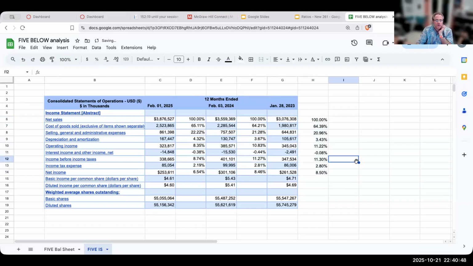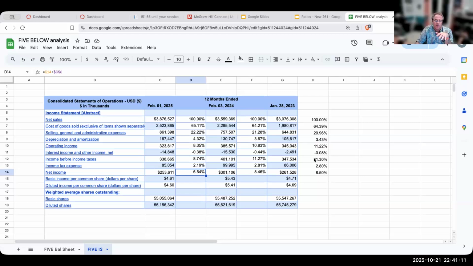Okay. So what you notice here is that by doing these different items, we're seeing what's going on with the overall bottom line. Why is their net margin decreasing over time? What is the net margin? It's my net income divided by my sales.